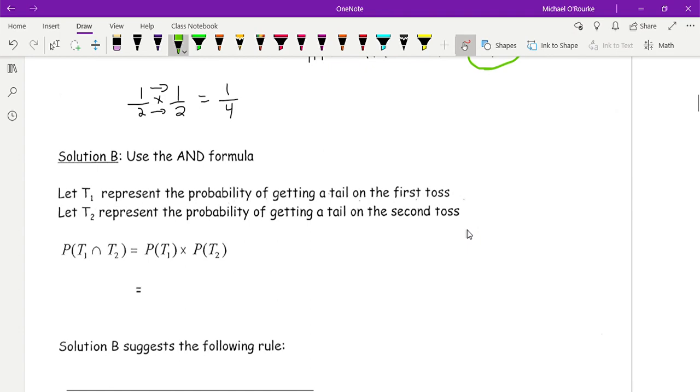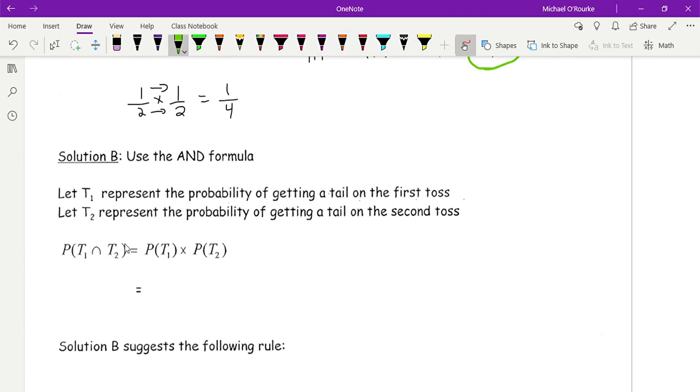Okay, so if we fill in this here, we can use the AND formula, correct? Because these are mutually exclusive, we don't need to add the intersection of them. One flip is not going to depend on the other, so we can use the AND formula.